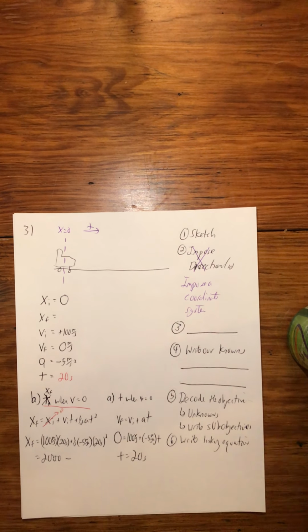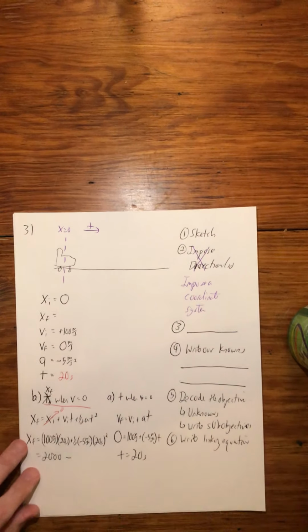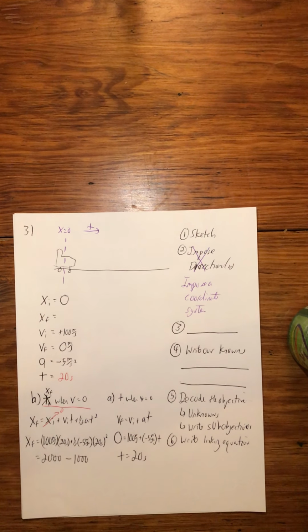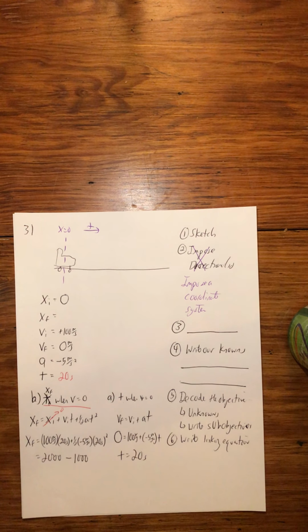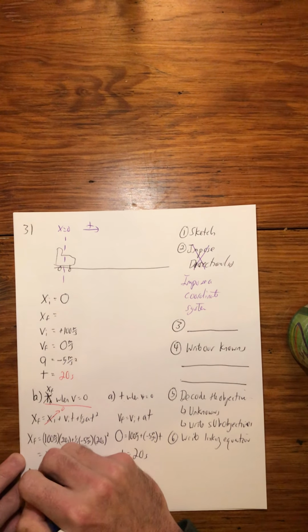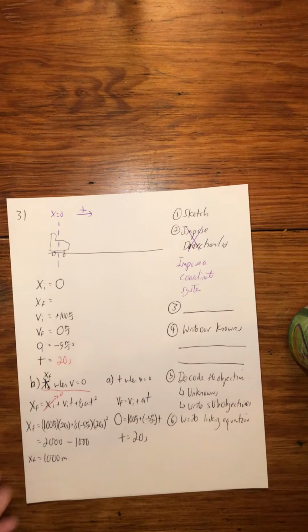What's that? 400, 200 times 5. So that's 1,000. Right? I did that right. Yep, cool. And that tells us that at that acceleration, I would need 1,000 meters in order to do that.